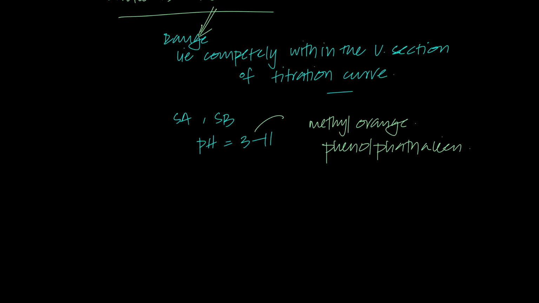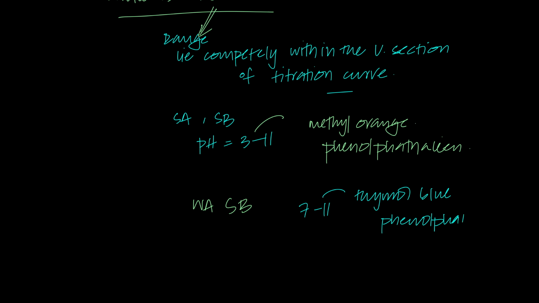And whenever it's a weak acid and a strong base, or vice versa, the range is 7 to 11. And normally here only, I think if I'm not wrong, it's only thymol blue which is going to work, and phenolphthalein will also work. They will give you the right results, right?